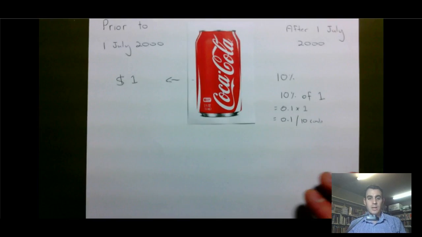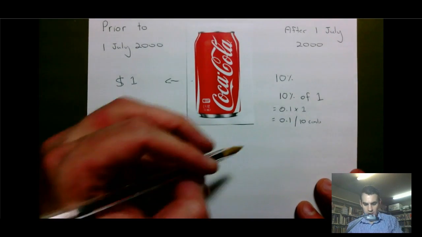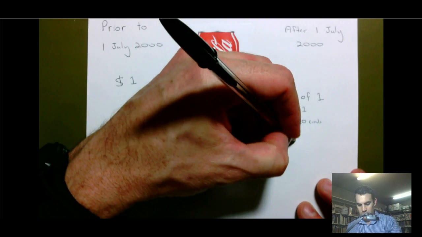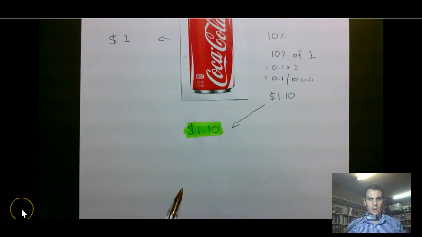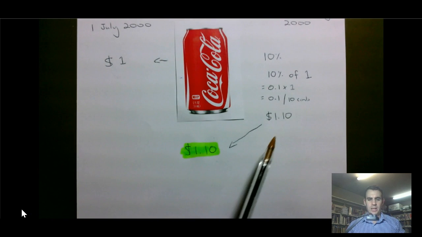So instead of the business charging $1 for that can of Coke, they actually now had to charge $1.10.